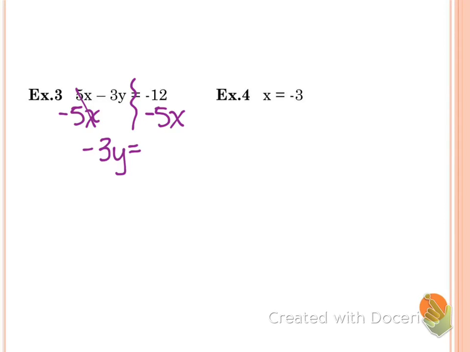Kelby, what would I have on this side of my equal sign? Negative 5x minus 12. Wonderful. Negative 5x minus 12.